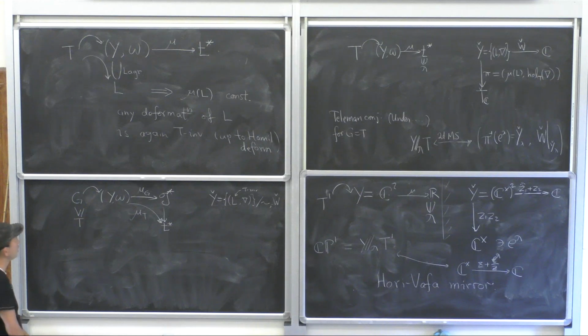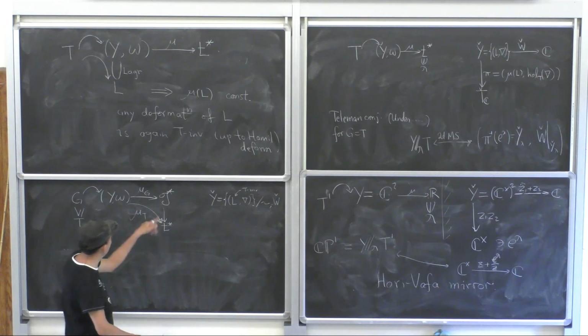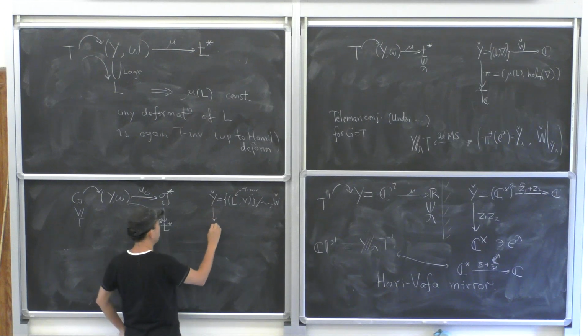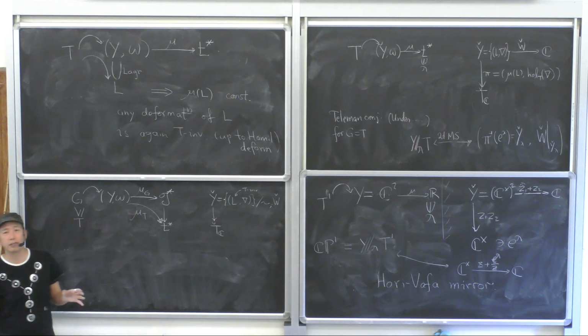Because of the T action, you still have this map to T_C check. But where is the G action data coming in?